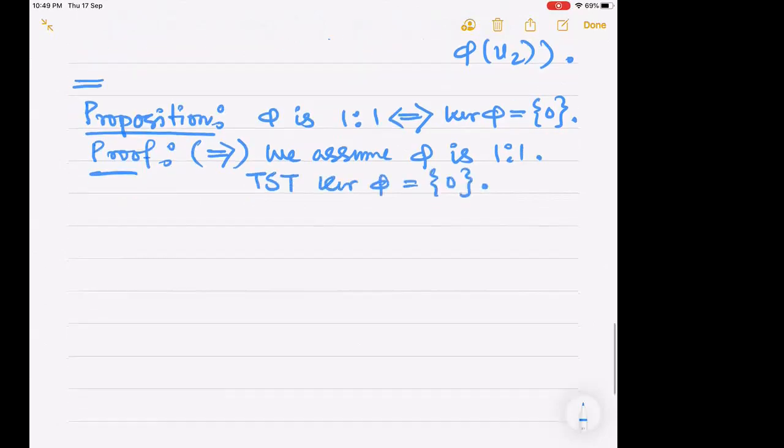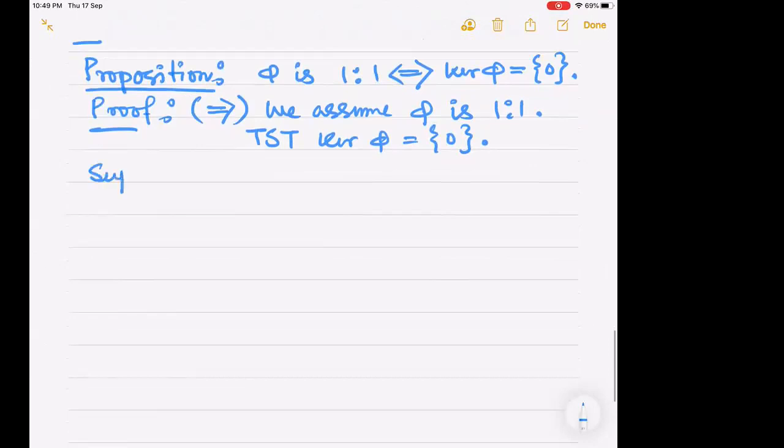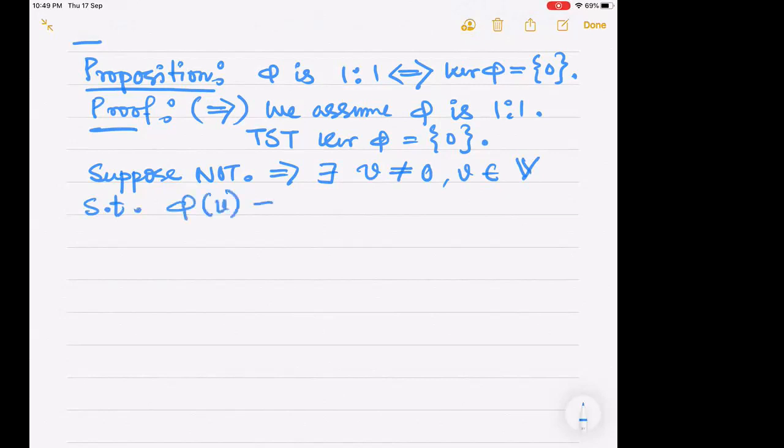It's very simple. Suppose this is not true. This would imply there exists v not equal to 0, v in V, such that phi v is equal to 0. So if kernel phi is not equal to 0, then there will be some non-zero vector in the kernel, and that vector is say v.